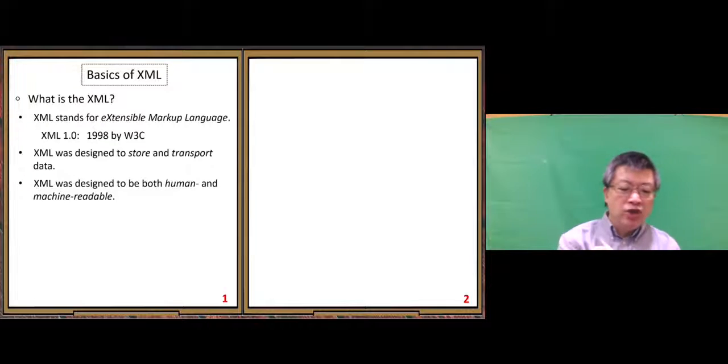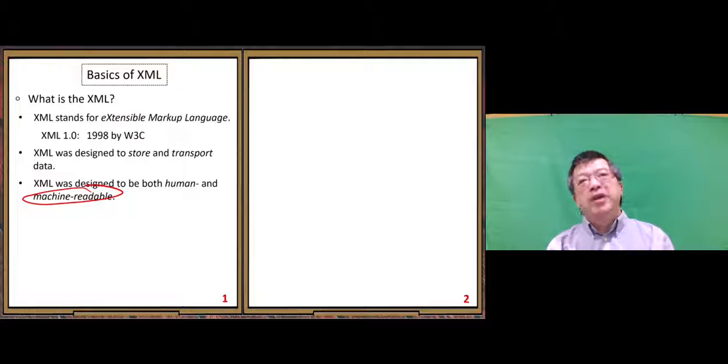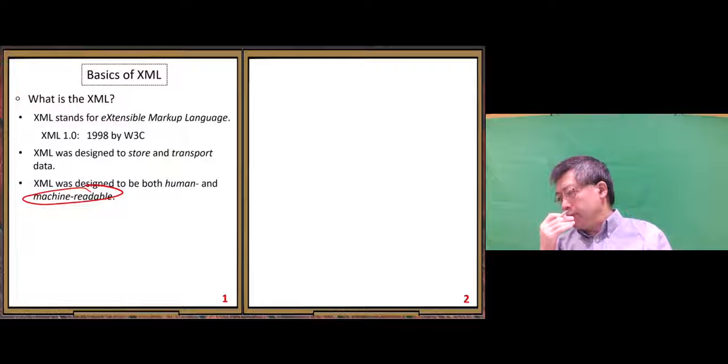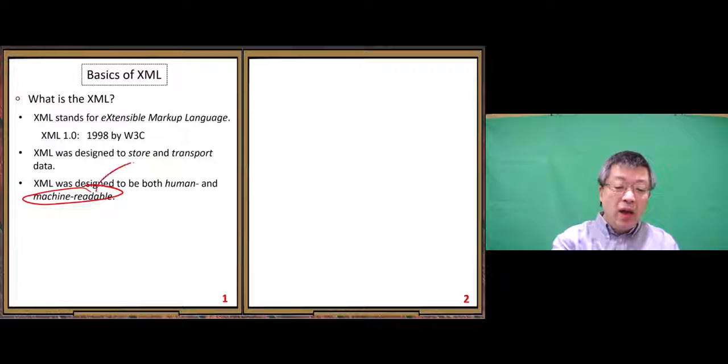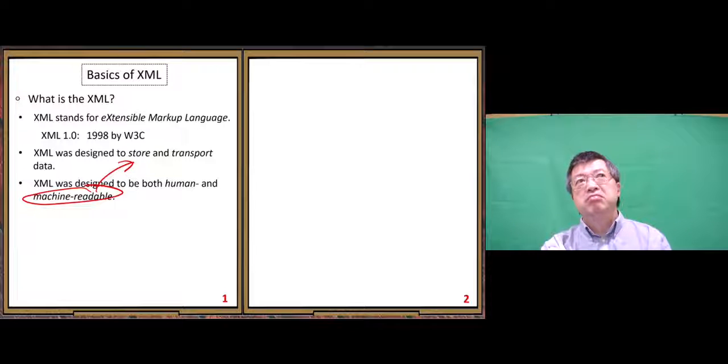What do you mean by machine readable? That means the machine can process your data. The machine knows how to process your data. But how does the machine know how to process? Someone writes the program.